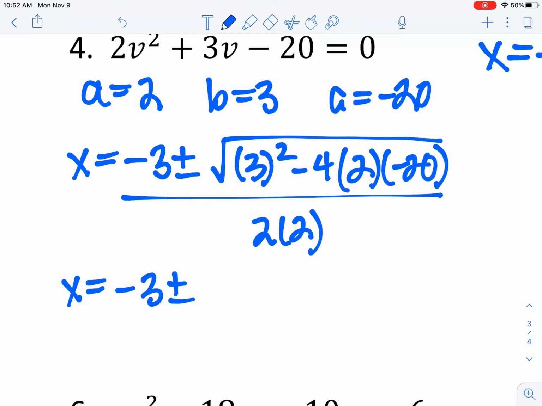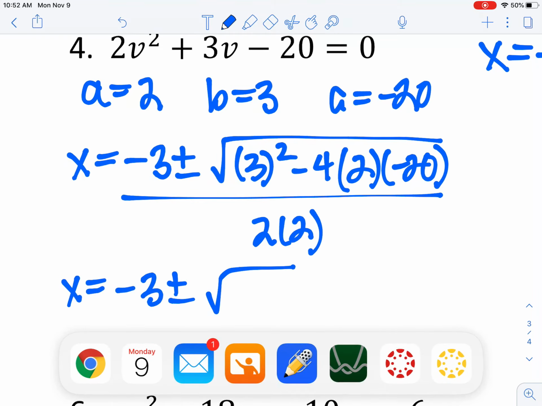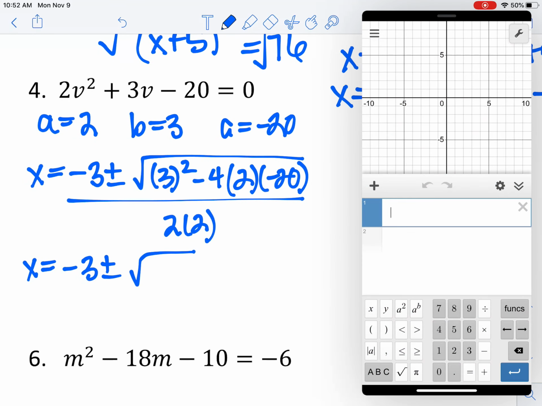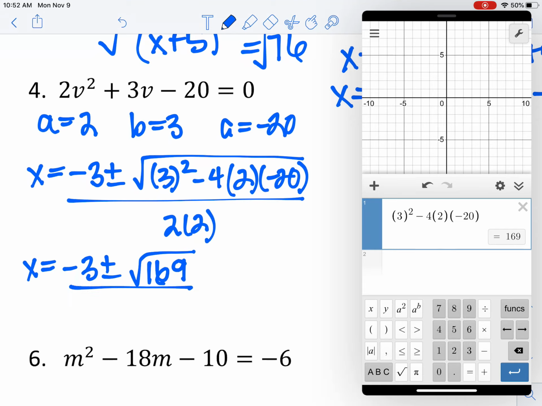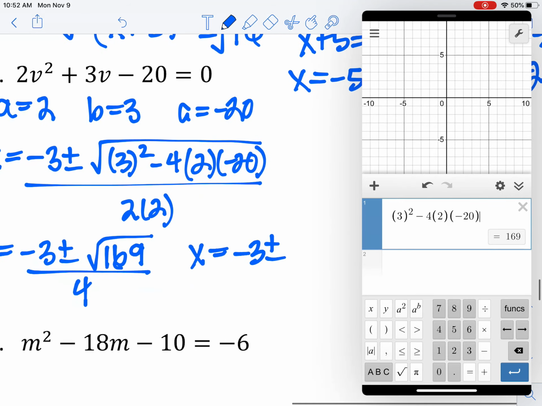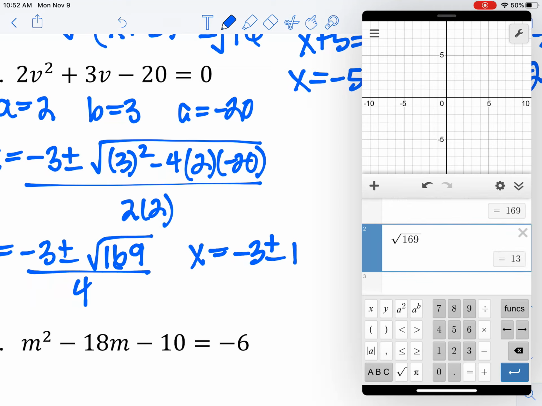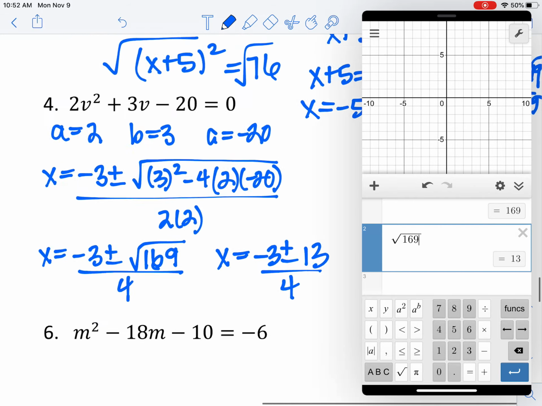So negative 3 plus or minus the square root of 3 squared minus 4 times 2 times negative 20 is positive 169 over 4. Well, square root of 169 is 13, I believe. Let's just check. Yep. So negative 3 plus or minus 13 over 4.